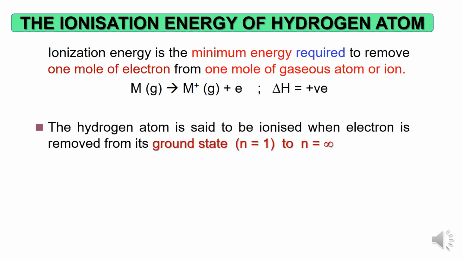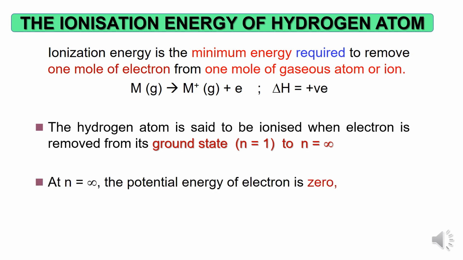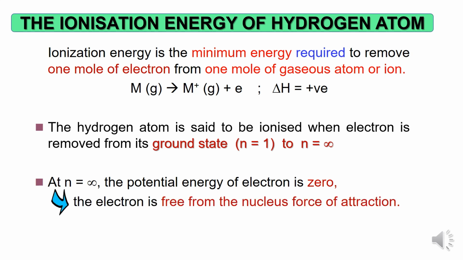The hydrogen atom is said to be ionized when an electron is removed from its ground state, which is n equals 1, to n equals infinity. At n equals infinity, the potential energy of the electron is 0. Here, the nucleus attractive force has no effect on the electron. The electron is free from the nucleus force of attraction.